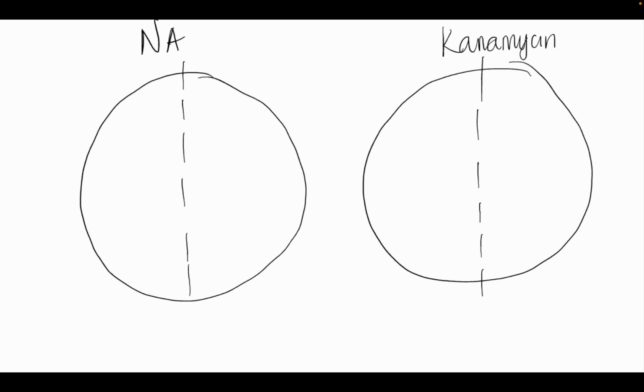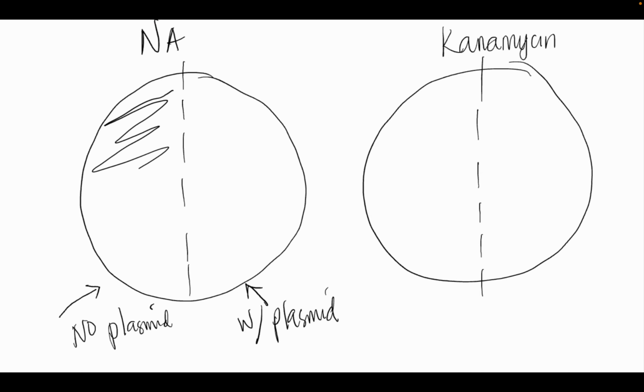Next one, in this nutrient agar, in the left-hand side, there is no plasmid containing the resistance gene to antibiotic, let's say kanamycin. In this one, there is a plasmid containing the resistance gene. And then you streak the bacteria.